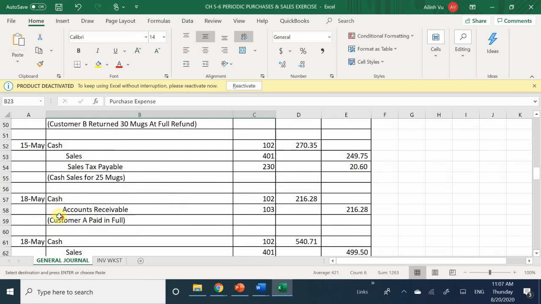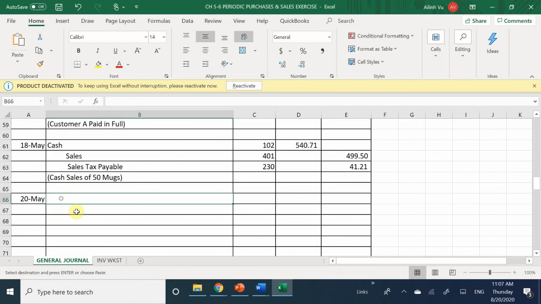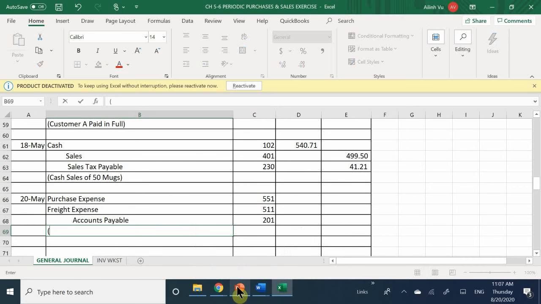I'm going to scroll down here. So purchase expense, freight expense, and accounts payable. And this time we bought from Cuppies Co. We're going to get a 5% discount if we pay within the first 15 days. If not, the full amount is due. We purchased 400 mugs at $2.80.